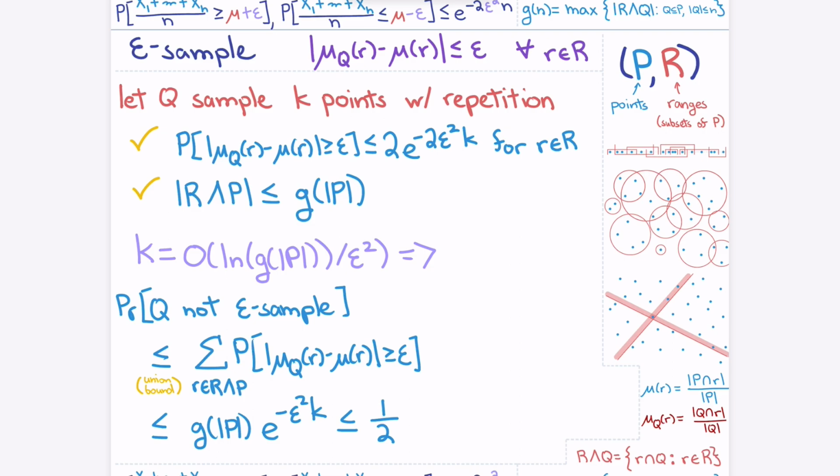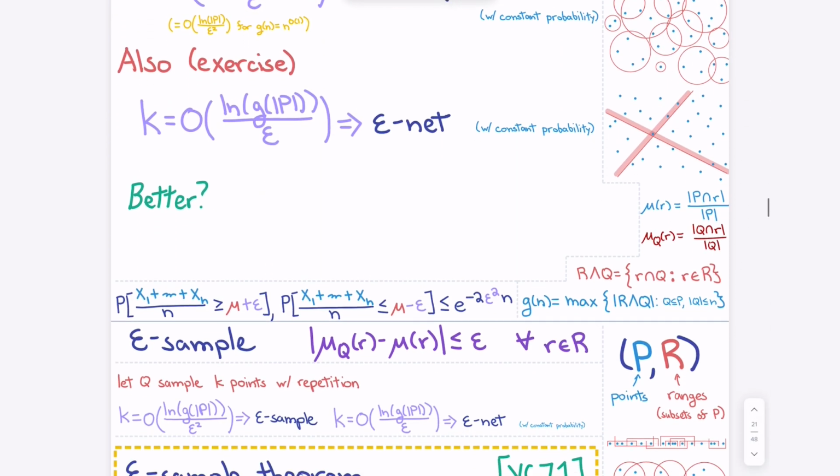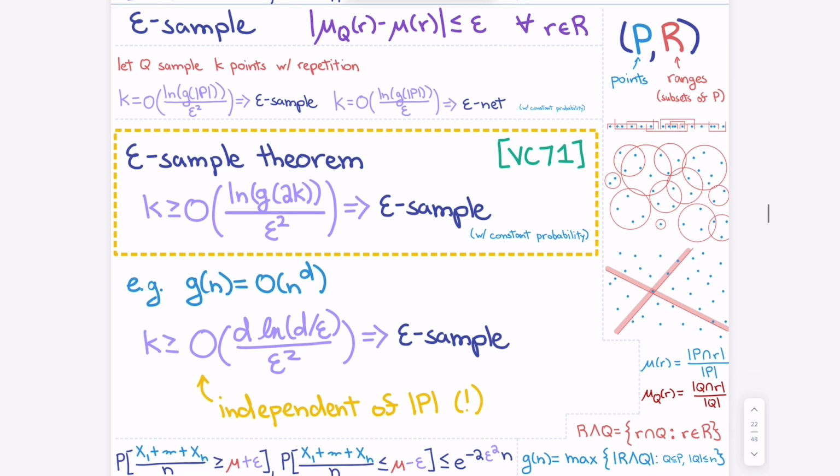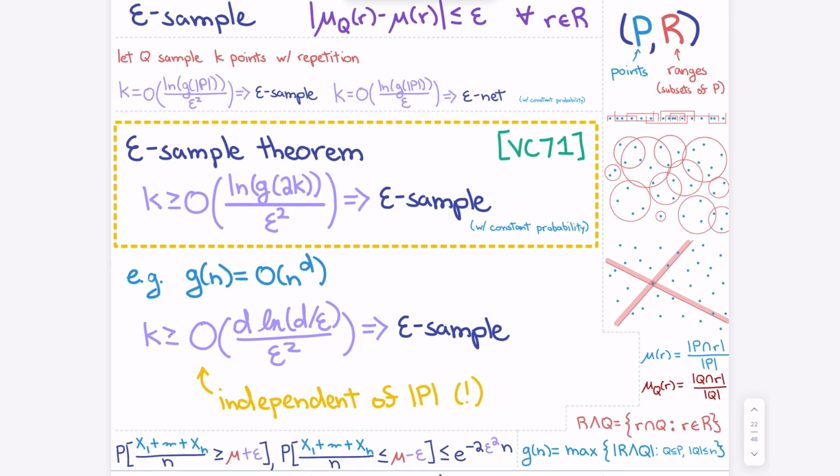So I can just choose my k to be large enough to be able to union bound over this, right? So you can always do g of n, where g is the growth function. So that's easy. But what we did was way cooler.